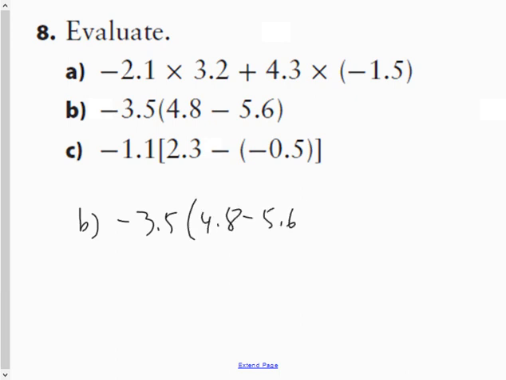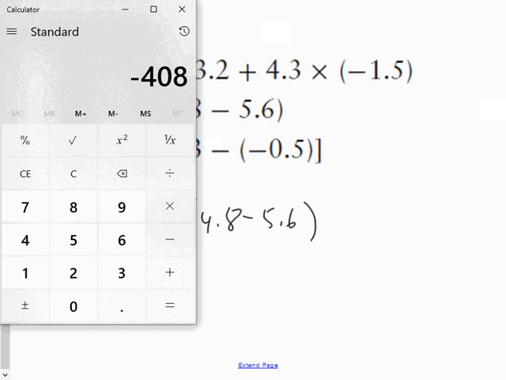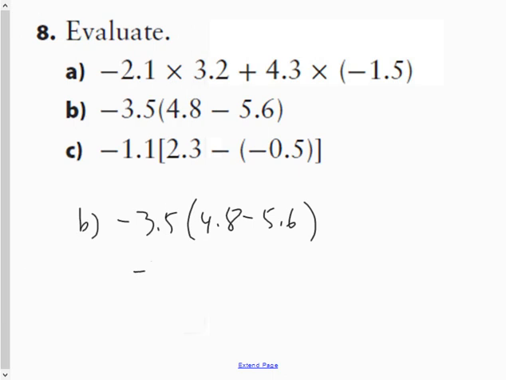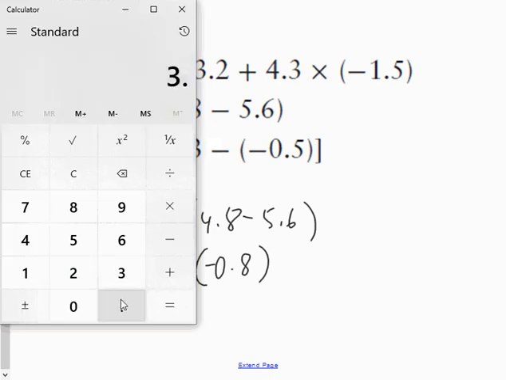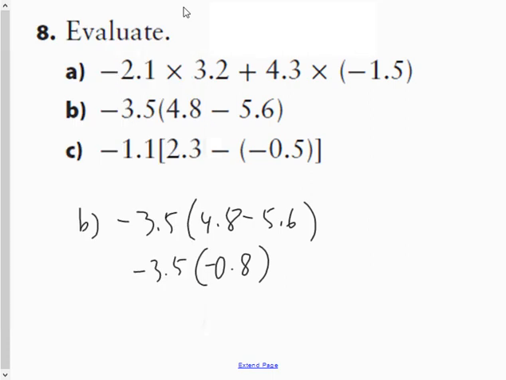And I'm going to do what is 4.8 take away 5.6. I know it's going to be negative 0.8. So underneath it, we're going to simplify those brackets to be negative 0.8. Then I'm going to take my calculator one last time. 3.5 negative multiplied by 0.8 negative equals positive 2.8. And that's my calculation for B.